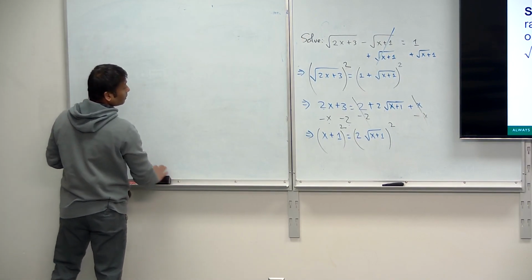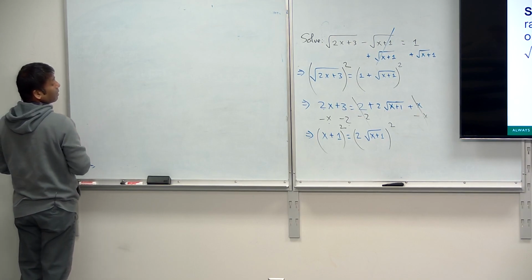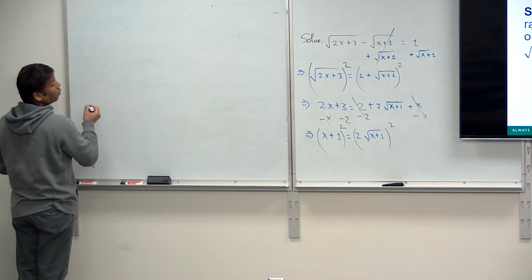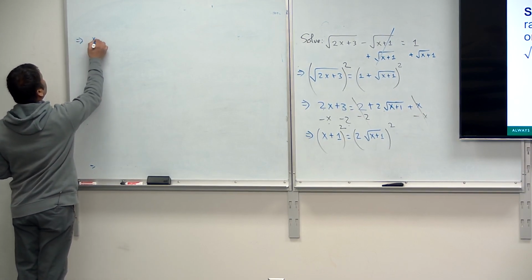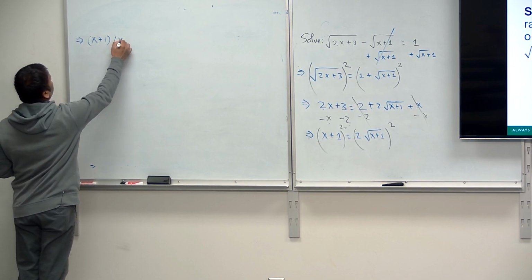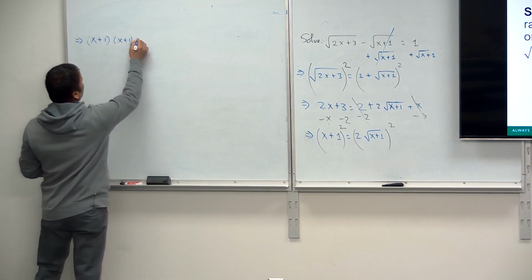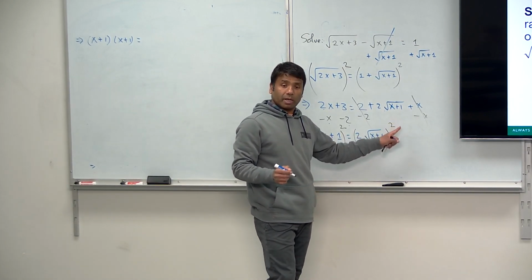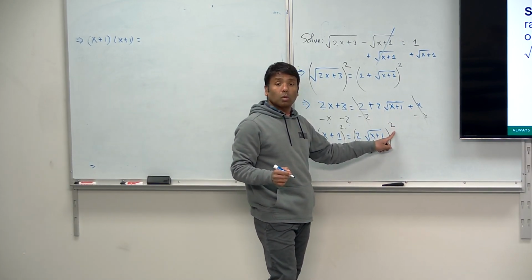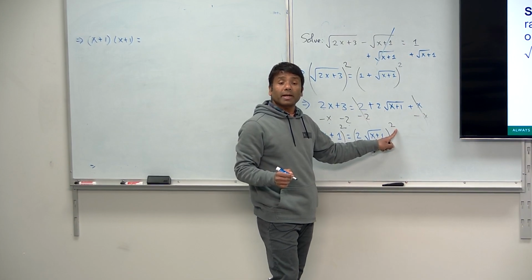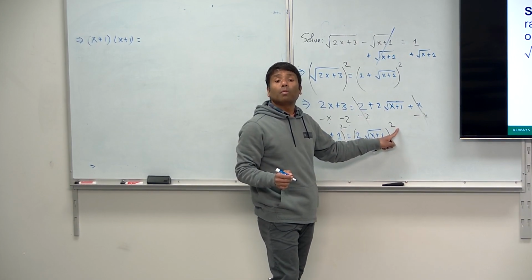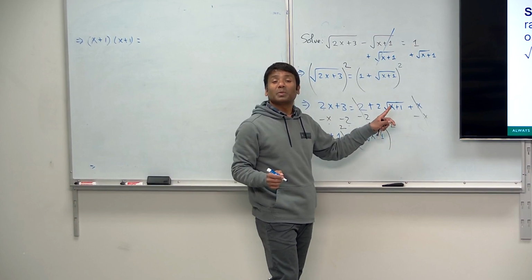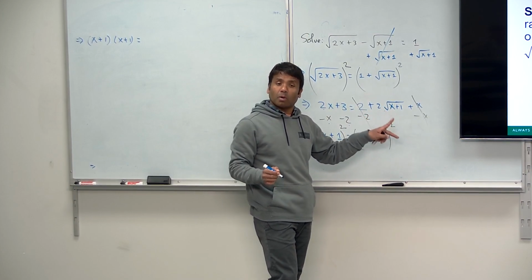So now you have x plus 1 squared. And what is x plus 1 squared? It is x plus 1 times x plus 1. And this equals, what is this, guys? This is 2 radical x plus 1 squared, right? So what is 2 squared? 2 times 2, 4, right?